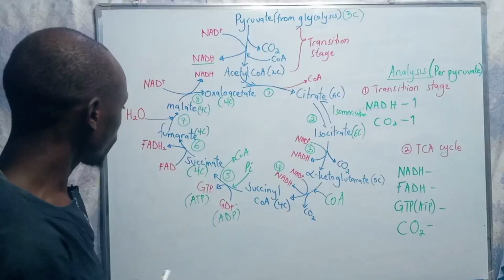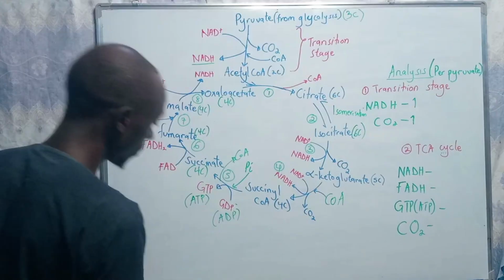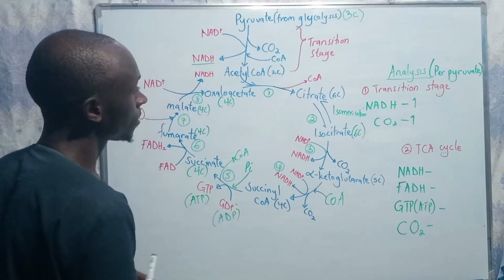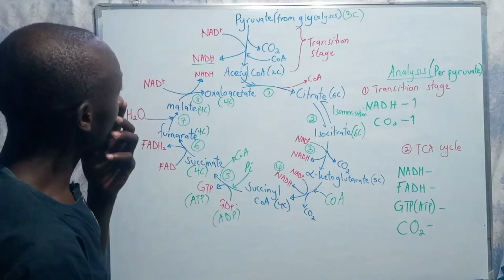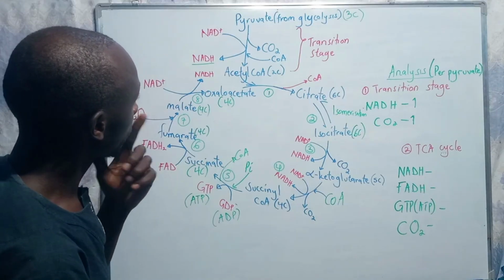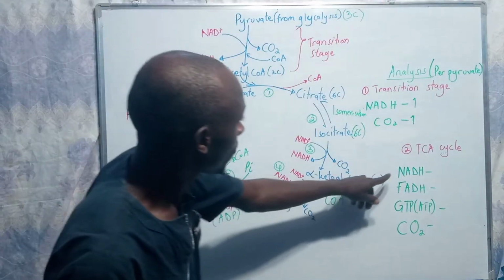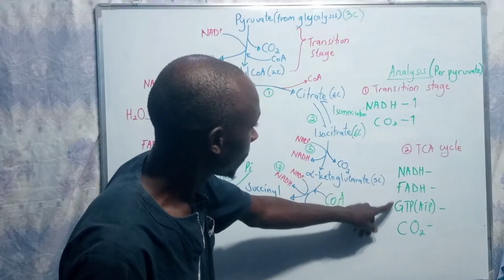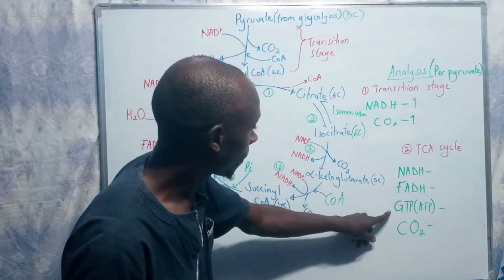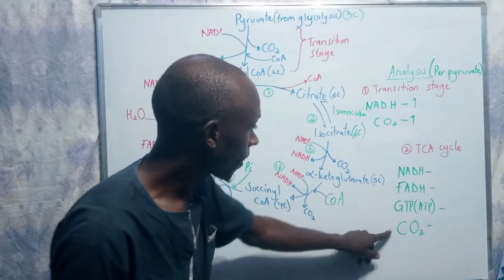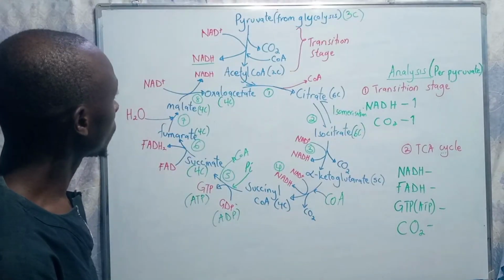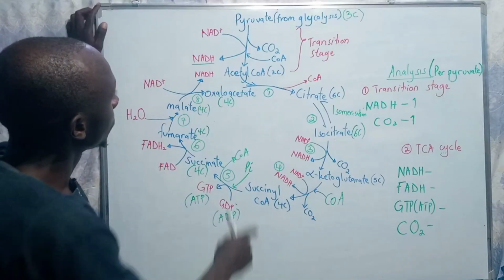So what do we see later on? When we enter into the cycle, we can count how many NAD, reduced FAD, reduced NAD, GTP or ATP, and then carbon dioxide molecules are formed. So let us start by looking at each stage.